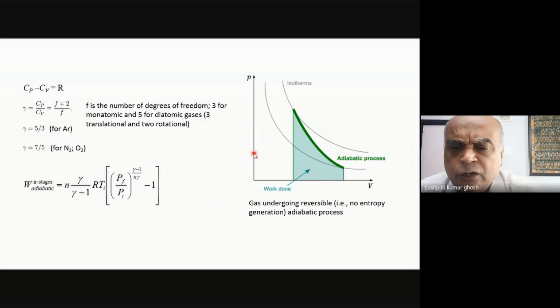What are we actually doing? I can show the work, like effectively what am I doing? I'm doing a compression, but in the process of compressing, what we also found is that the temperature does not remain constant, the temperature rises. So the temperature rise will push you to another isotherm. So if this is my initial isotherm, once the temperature rises, I'll be in a different isotherm.